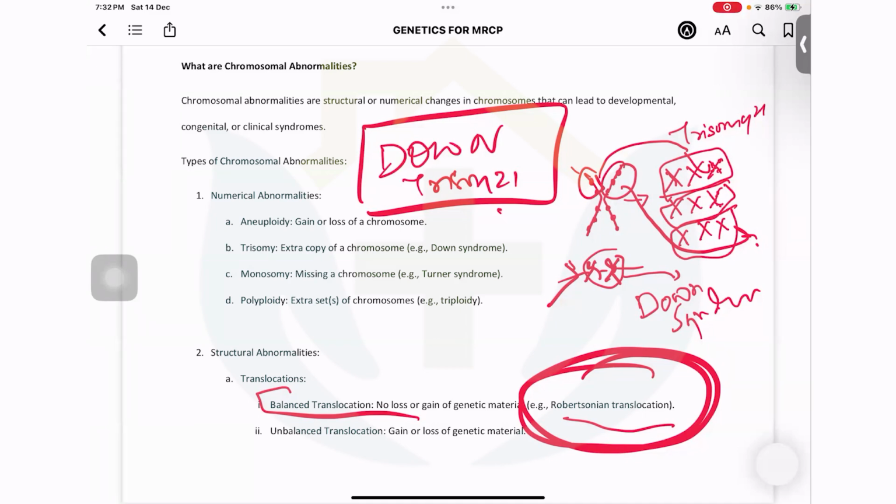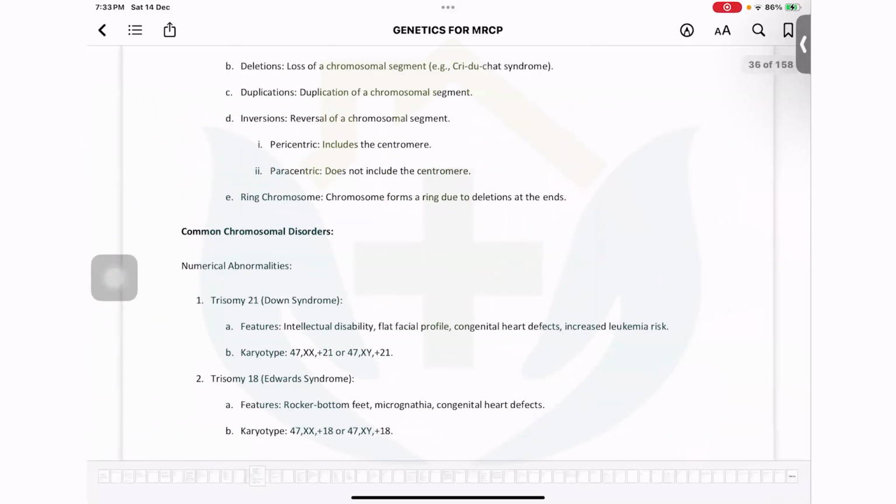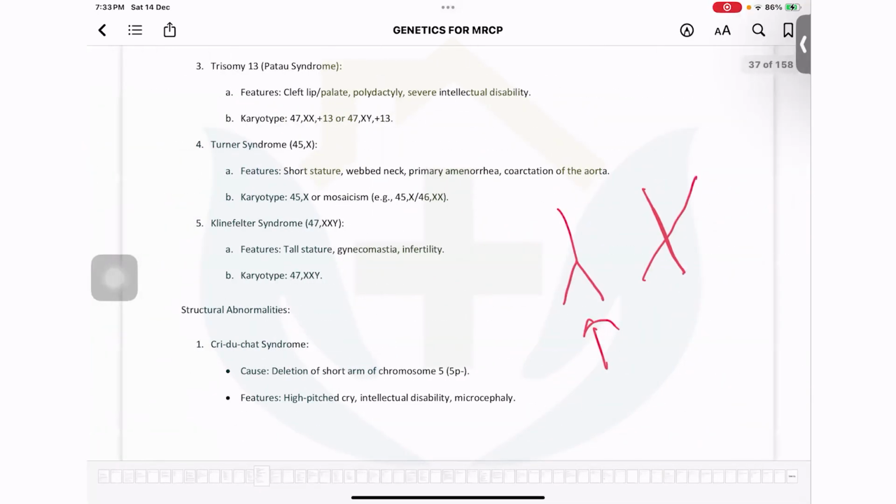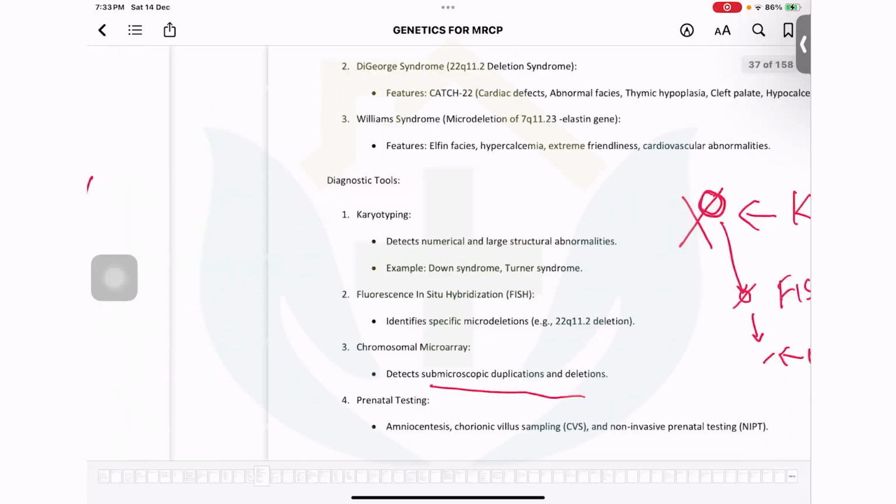That is because there is no actual gain or loss of genetic material. So the third chromosome traveled but did not carry any genetic material with it. So that is called this Robertsonian translocation.